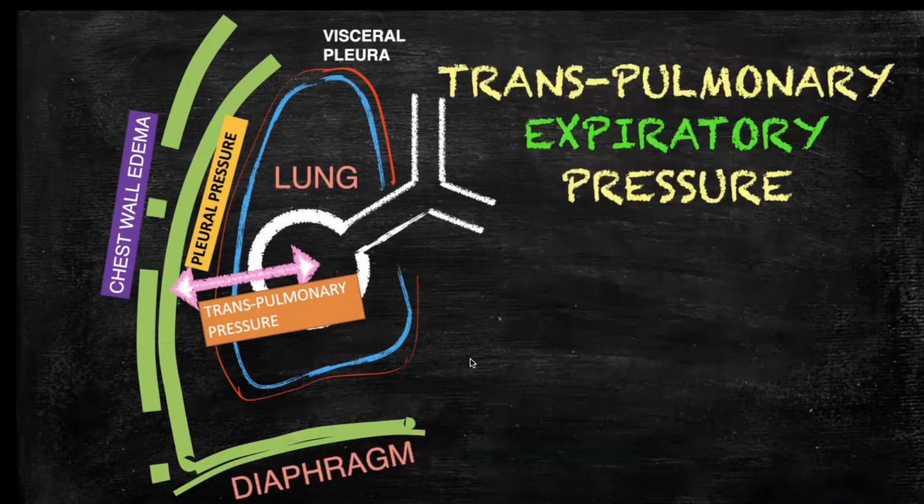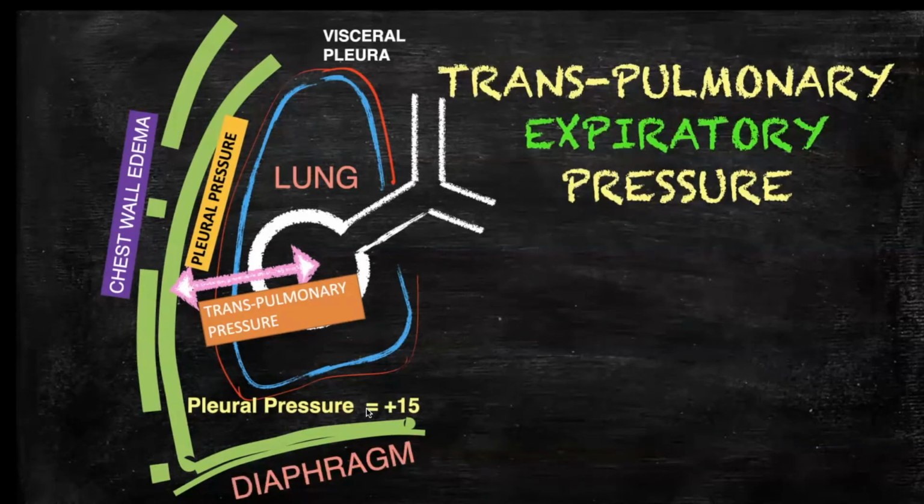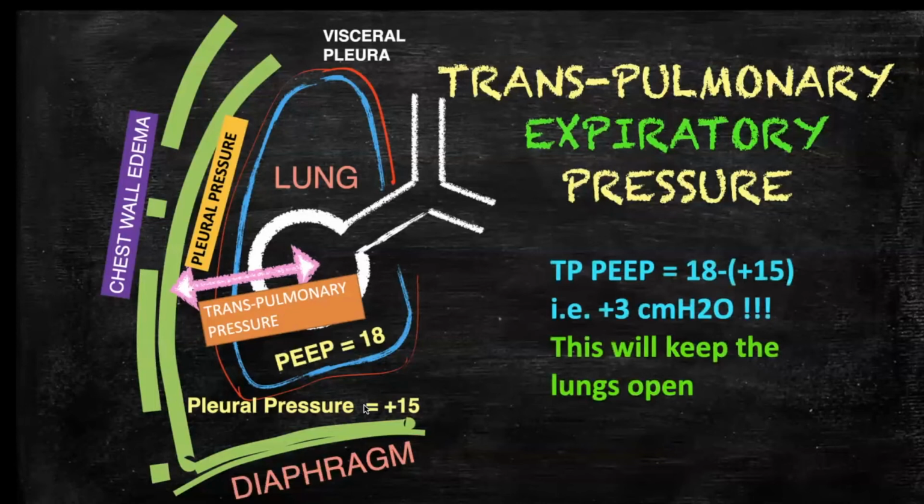In this situation, what we have to do is first measure the pleural pressure by various techniques, for example esophageal pressure monitoring. When we find that it is high, like 15, then you apply a PEEP which is higher than the pleural pressure. So in this case, instead of 12, we'll apply a PEEP of 18. Now the transpulmonary pressure will be 18 minus 15, that is plus 3.